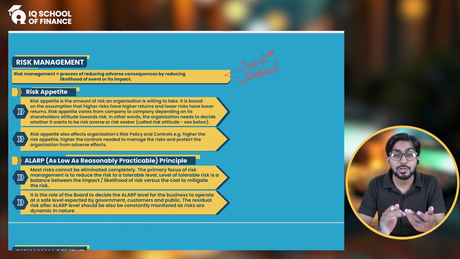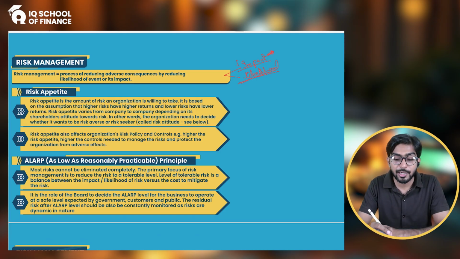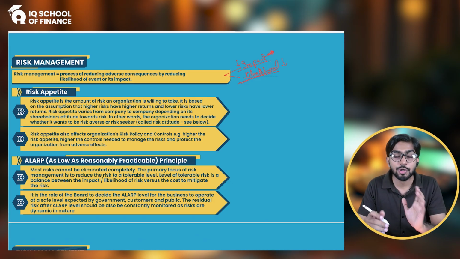Through this you can reduce the likelihood of the accident, and this is basically what risk management is. But there is one thing you need to understand: when you reduce the impact and reduce the likelihood, it requires some cost.